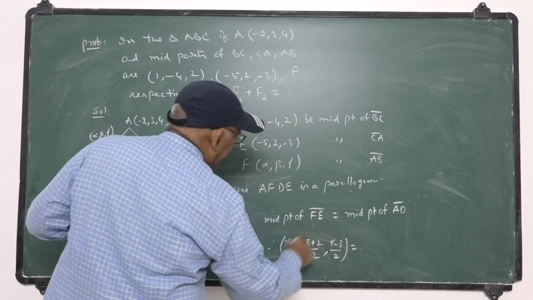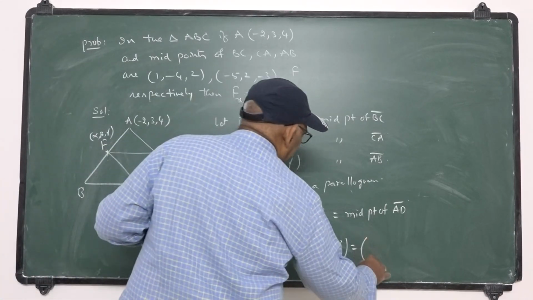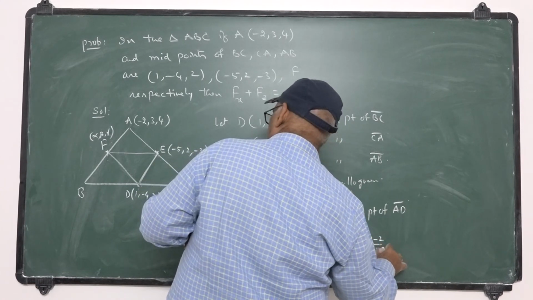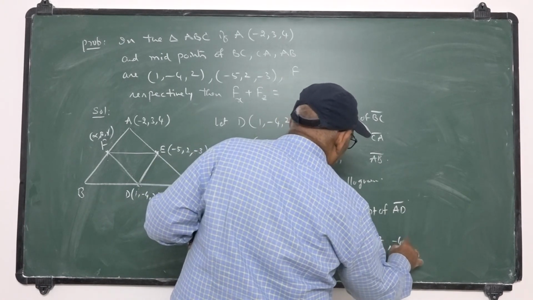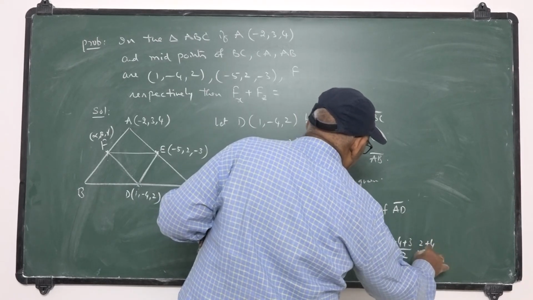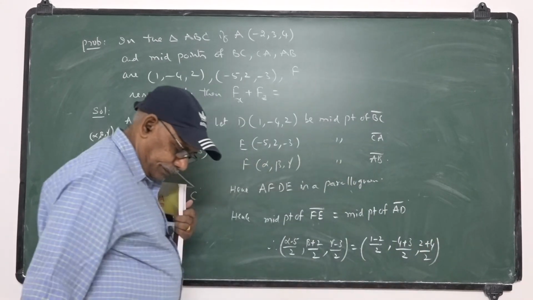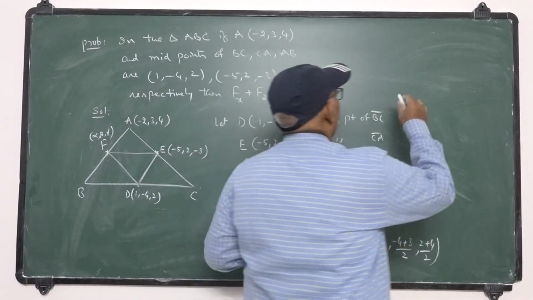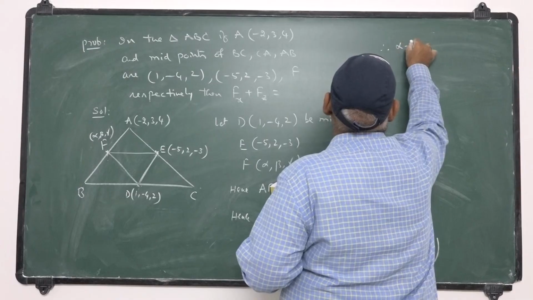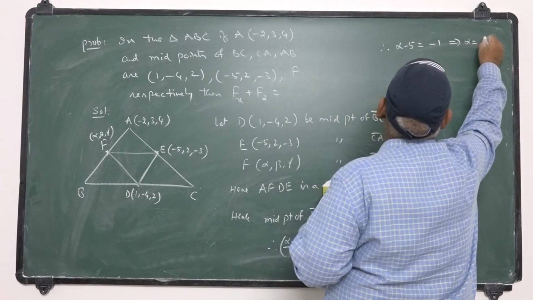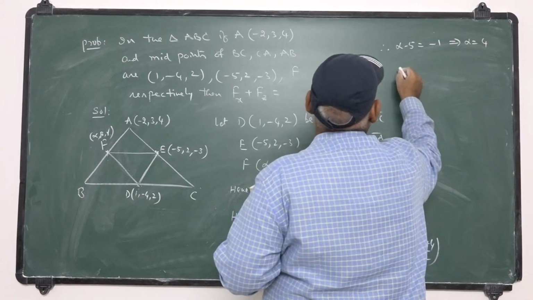This is the same as the midpoint of AD: 1 minus 2 by 2, minus 4 plus 3 by 2, plus 4 by 2. Therefore, alpha minus 5 takes the value minus 1, implies alpha takes the value 4.